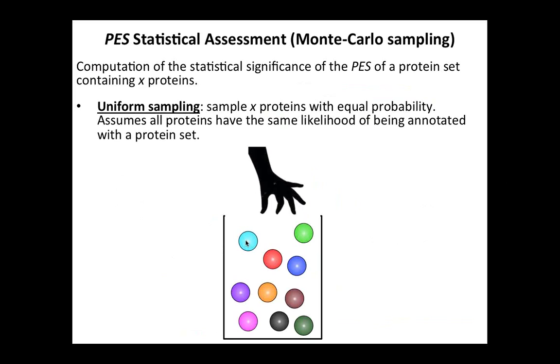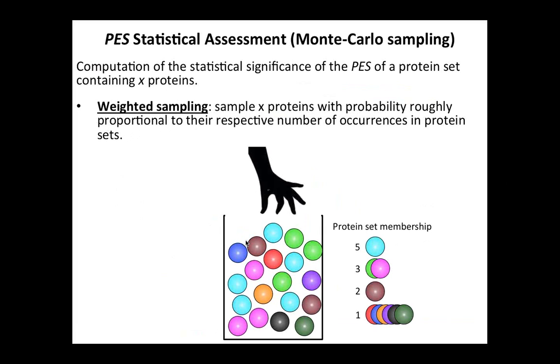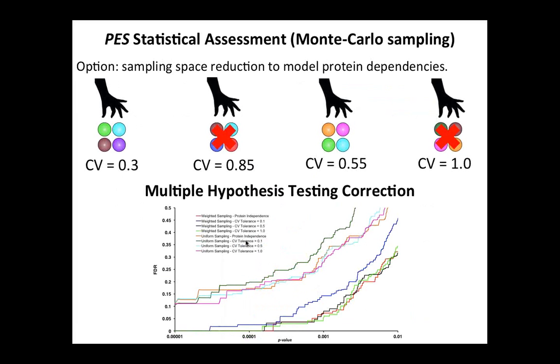So some proteins are a lot more characterized than others because they have already been characterized before. An alternative strategy, which is slightly more sophisticated, is to sample these X proteins, or 7 proteins in our example, with a probability roughly proportional to their respective number of occurrences in protein sets. That takes into account the literature bias I was referring to.